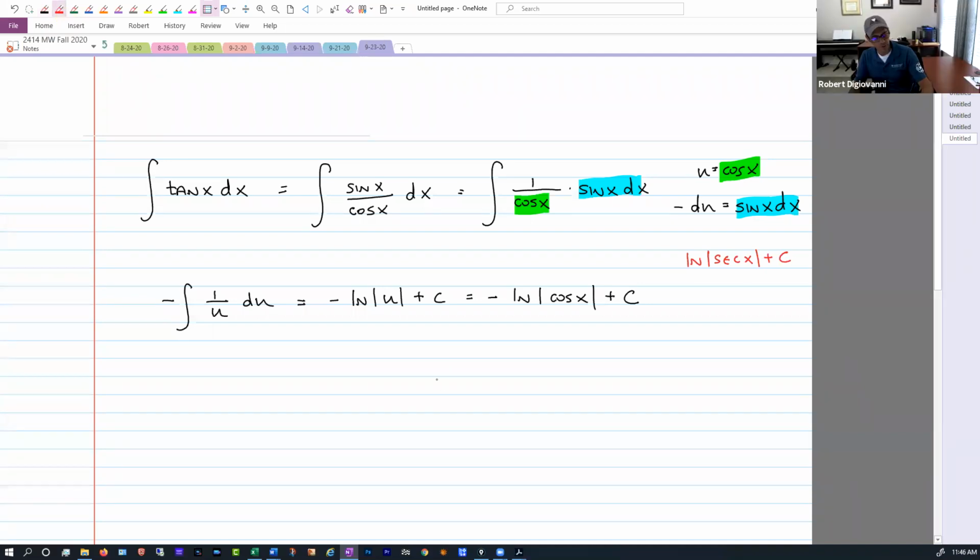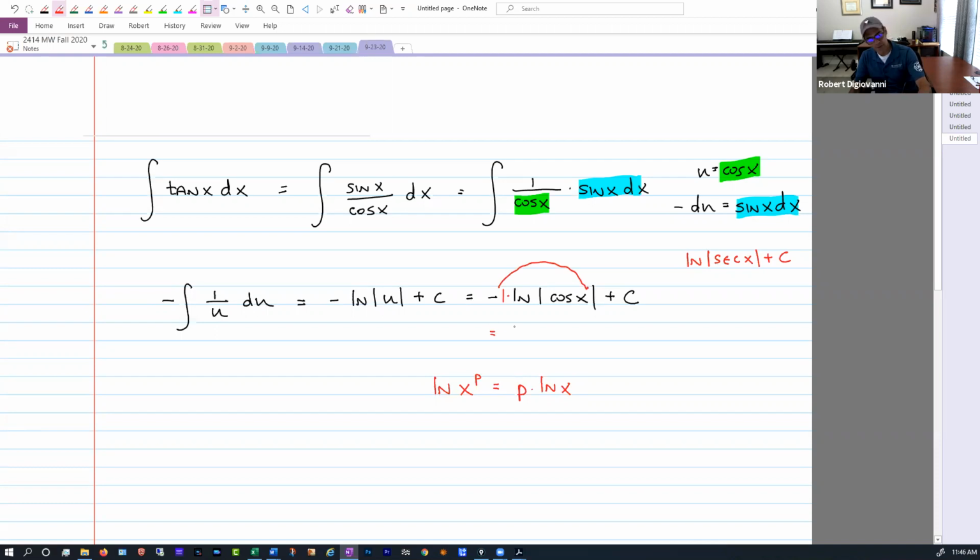College algebra. Do you remember learning about properties of logs? Do you remember this property? If you have the natural log of x to a power, let's just call it p, the p can come out front of the natural log. Well, that property goes the other way too. If you have a number out front, you can move it up as a power. So with our answer, that's a -1 out front, we can move that up as a power on the cosine.